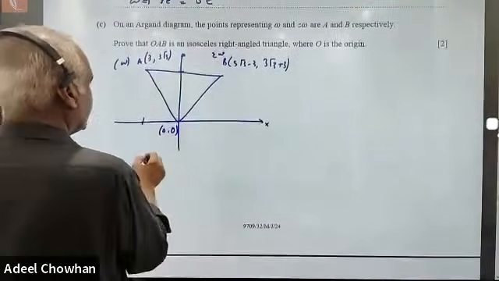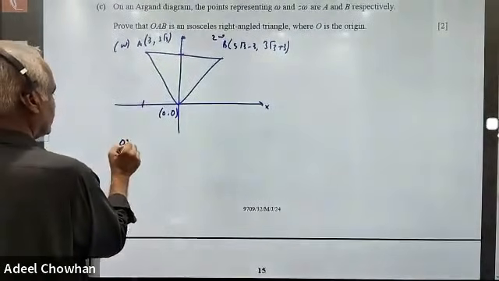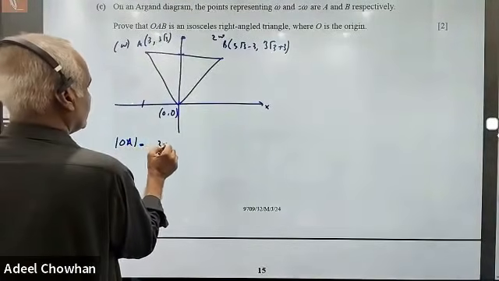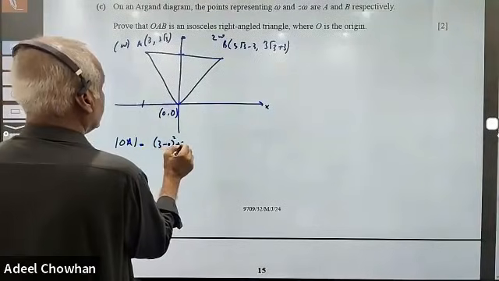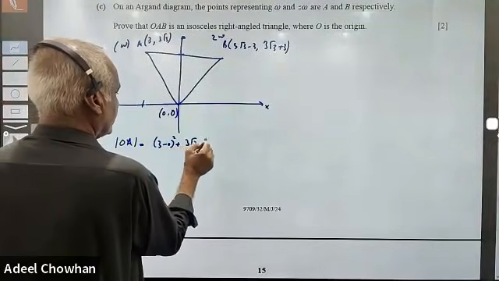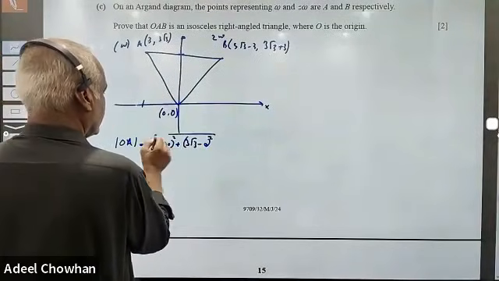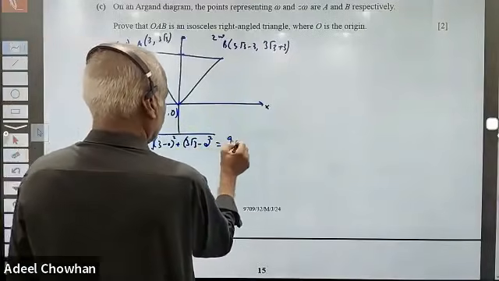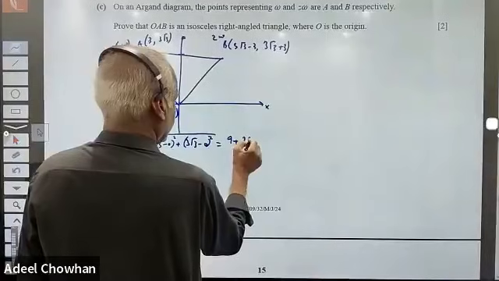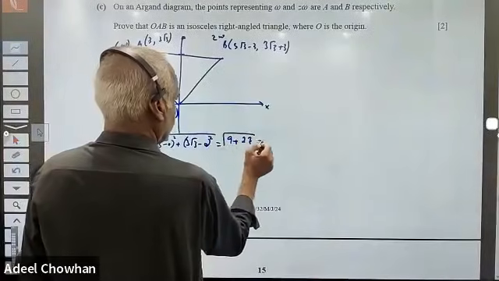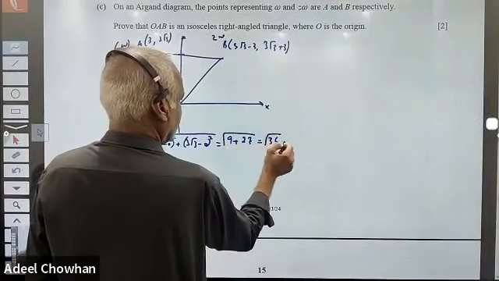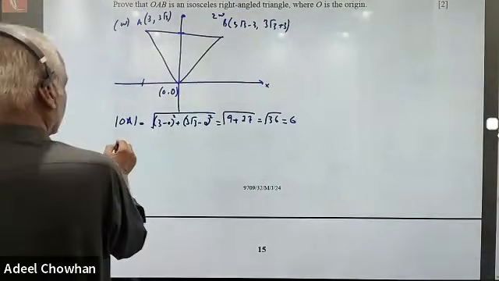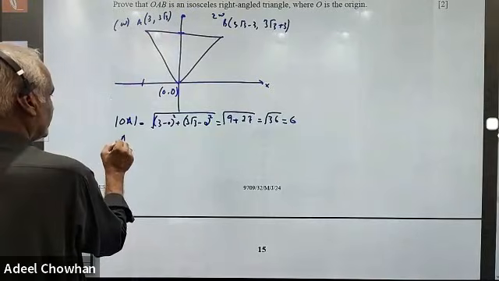So first we get the length of OA. That is equal to square root of minus 3 minus 0 square plus 3 root 3 minus 0 square. That is equal to 9 plus 27, that is equal to 36, that is equal to 6. Now we first find the vector AB.